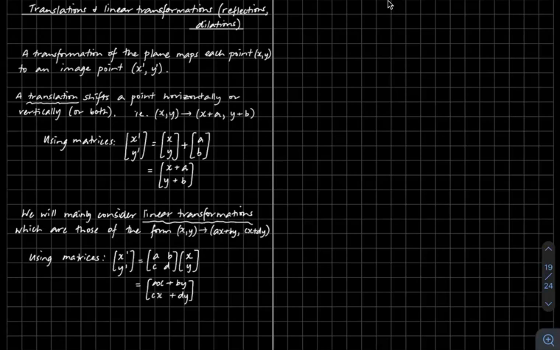Now you could come up with just any 2x2 matrix A, B, C, D. Just put in any numbers for A, B, C, and D, and you could produce a linear transformation of some kind. But a lot of those we'd struggle to describe exactly what they're doing. So we're going to focus in a bit more on specific types of transformations that we're more familiar with. And so today in this video we're going to focus in on two types, which are reflections and dilations.